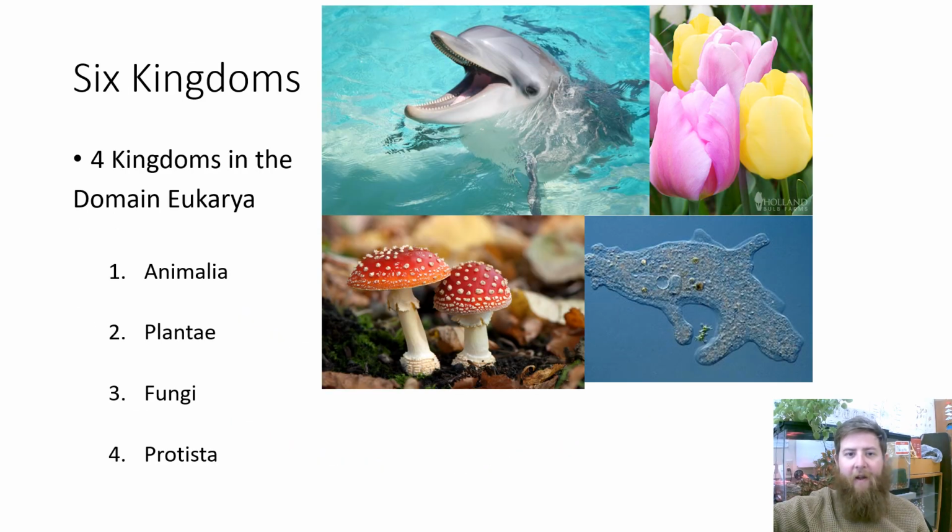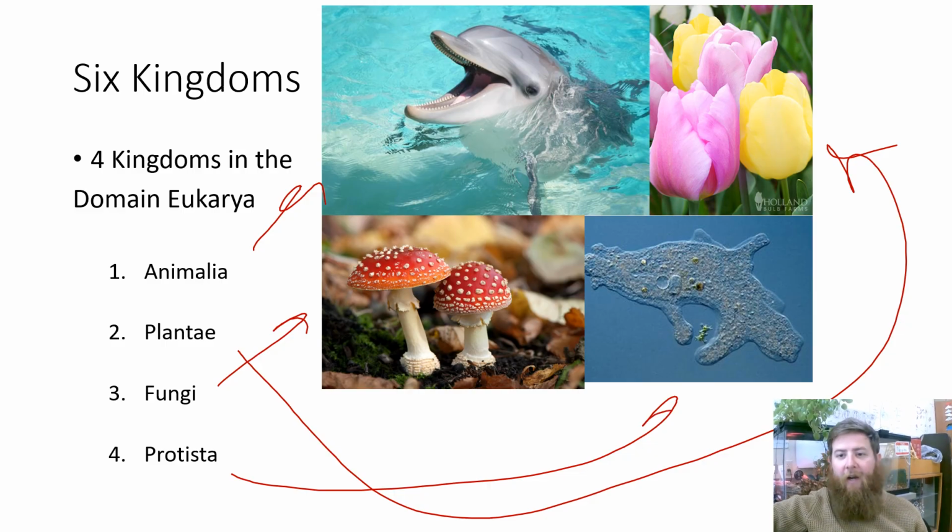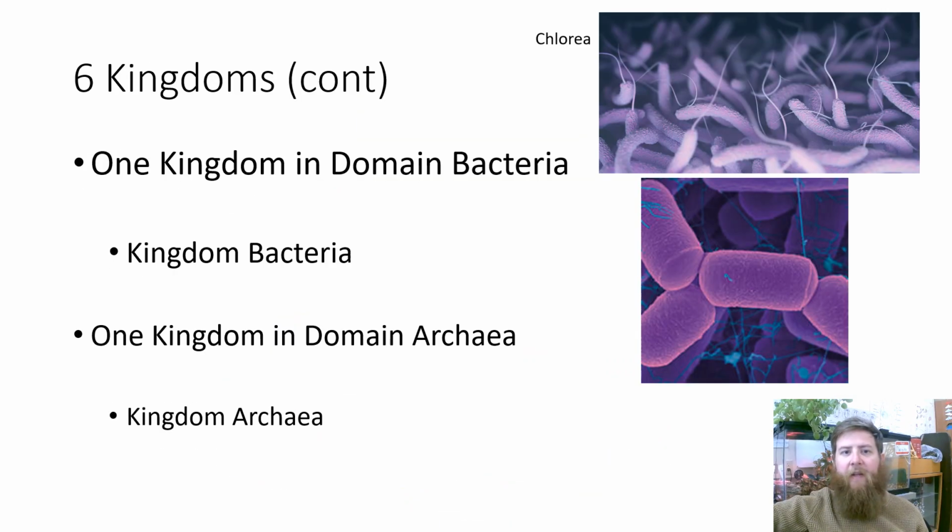Inside of eukarya, we have some extra kingdoms that occur. We have animalia, we have plantae, we have fungi, and we have protista. All of these we'll talk about in detail, but the one we're really going to drill down on and focus on is kingdom Plantae. So there's one kingdom in domain bacteria.